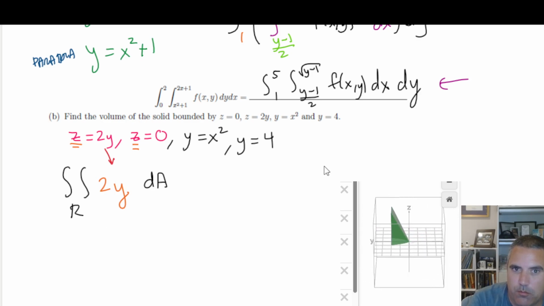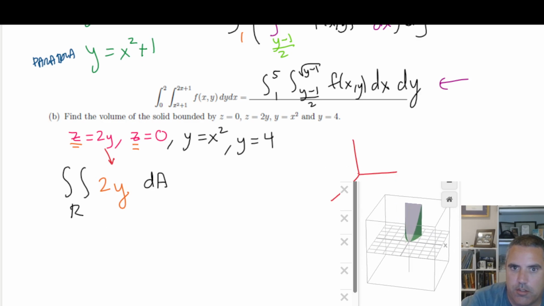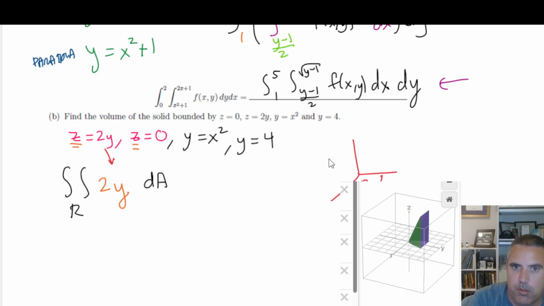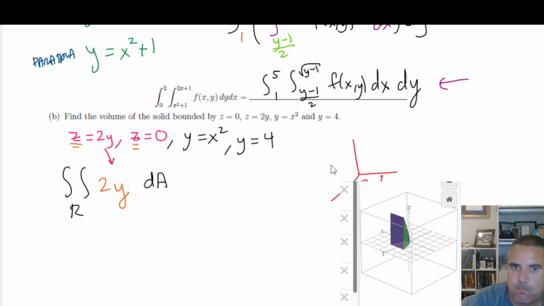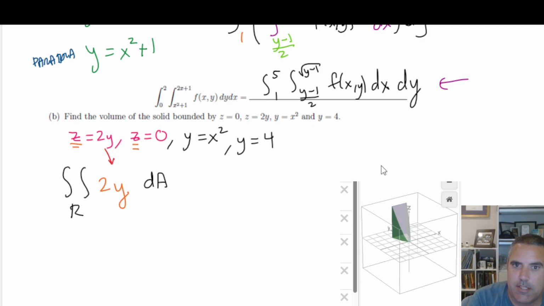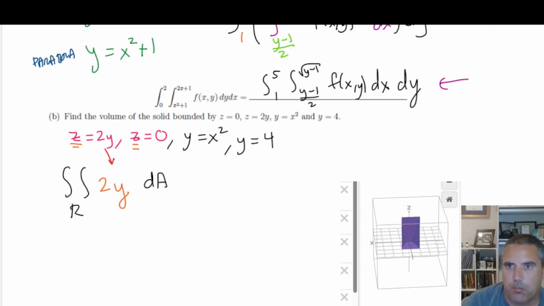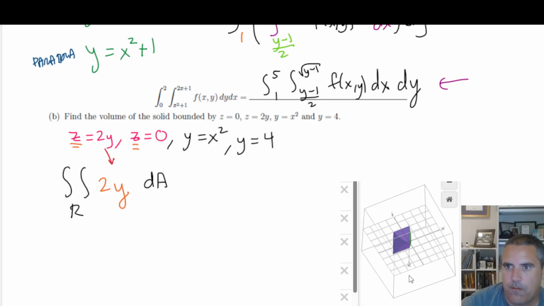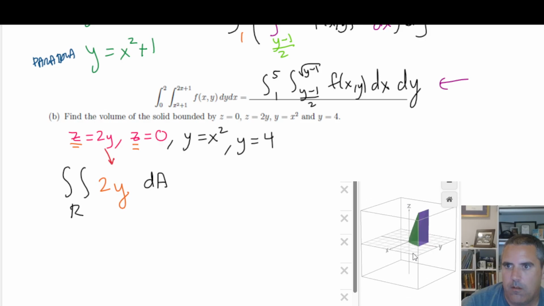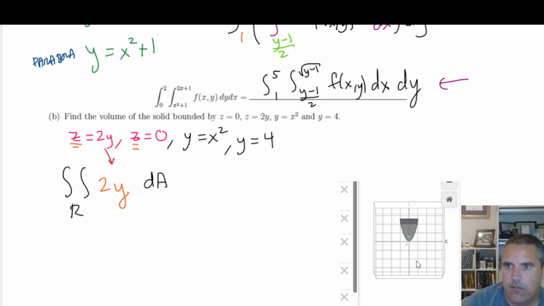This will now compute the volume above some region on the ground and below this surface. Okay, so now the next step is, what is the region on the ground? If I took my 3D picture, I can see it. It's right here.